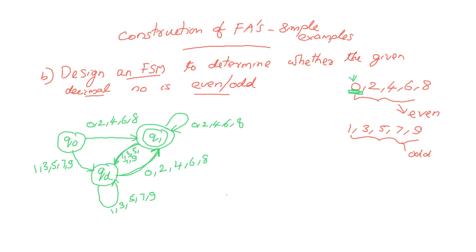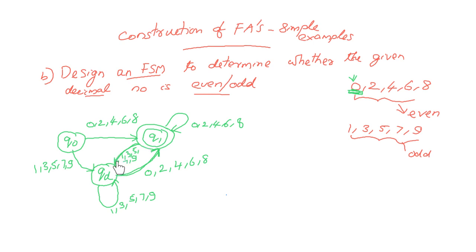Now an important question to be addressed here is, can we draw this DFA in a different way? It's quite possible. What we can do here is, you can see that from Q1, if you're getting a 1, 3, 5, or 7, you are moving to the dead state.